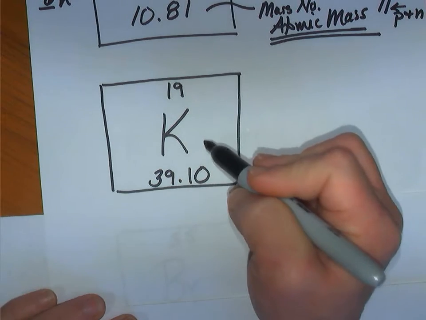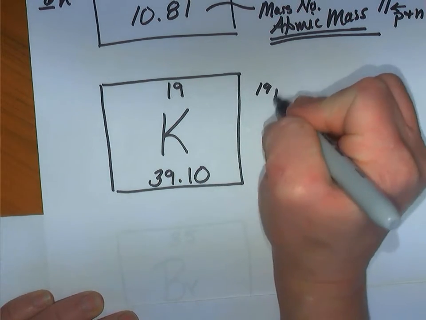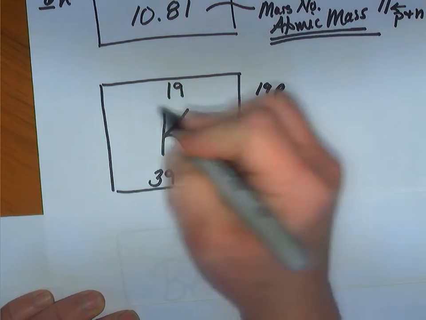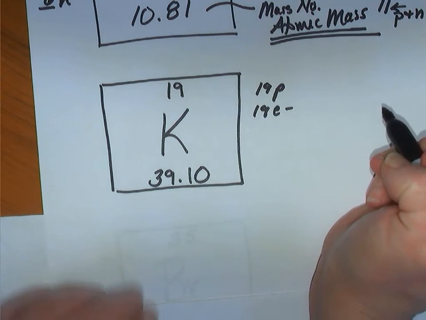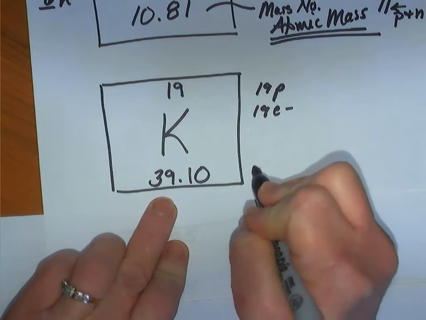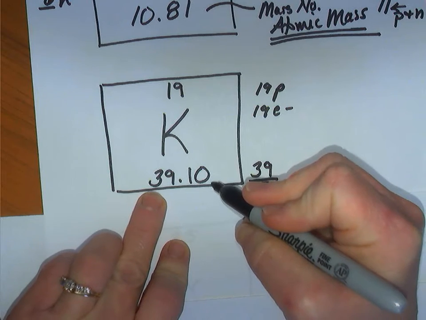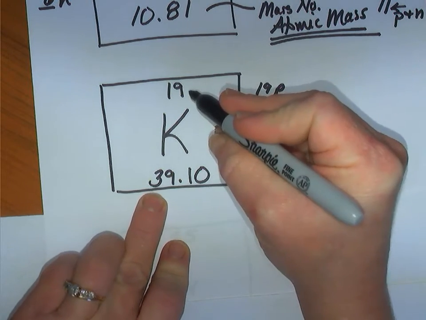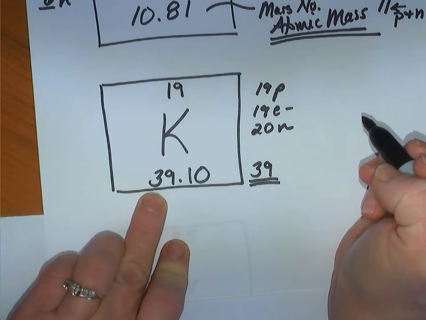All right, just for practice. How about potassium? Well, we know from the atomic number, there are 19 protons. If it is neutral, and we're not told otherwise, we'll have 19 electrons. The mass number would be 39. So the mass number, protons and neutrons, minus the number of protons, 20 neutrons for potassium.